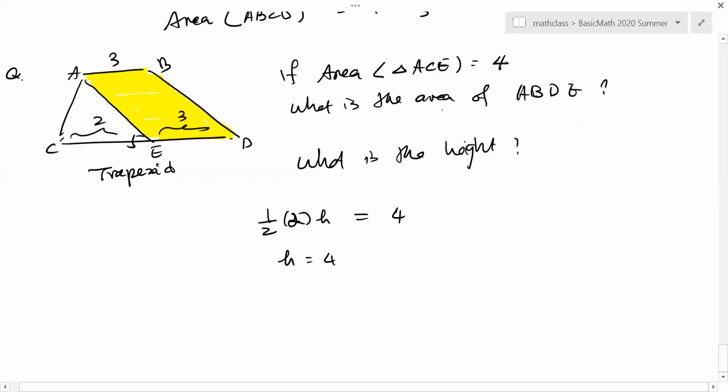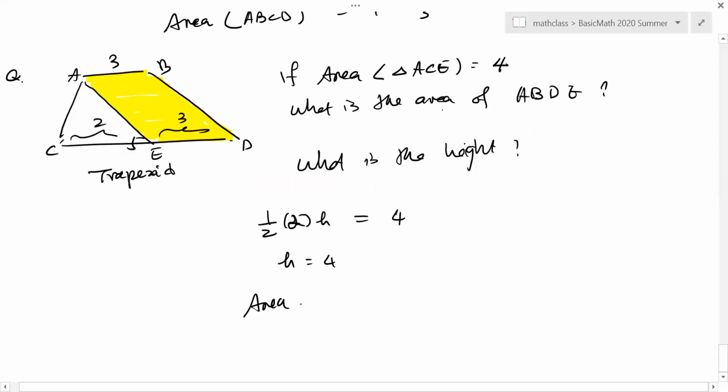Okay, so once you get the height, then you can get the area of the trapezoid ABCD. So it's going to be half of 3 plus 5 times 4, which is going to be 16. So that is the area of the trapezoid.